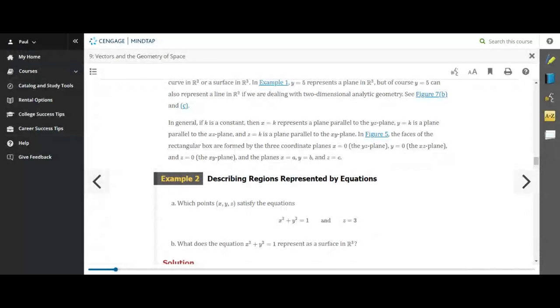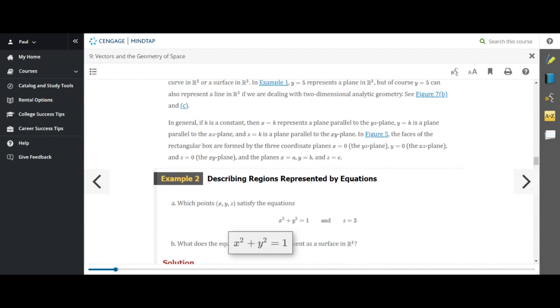So this example: what points satisfy the equations x squared plus y squared equals 1 and z equals 3? What would that look like? It might be easier to look at B first.